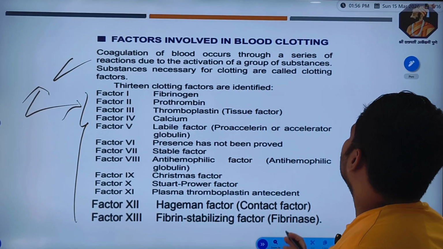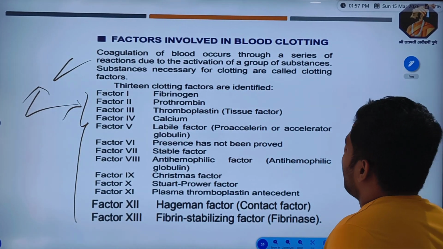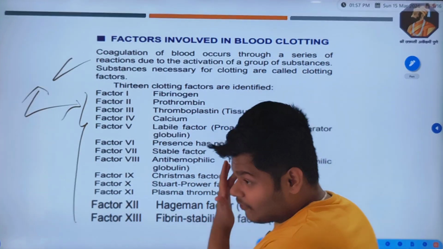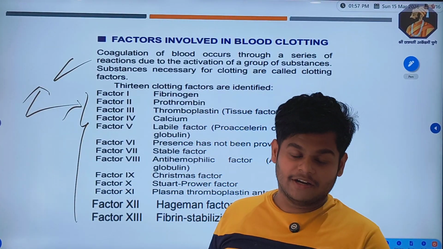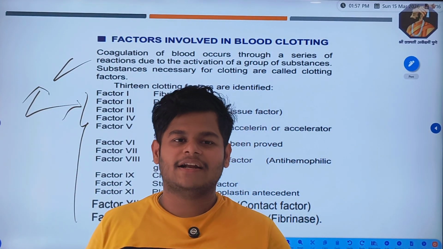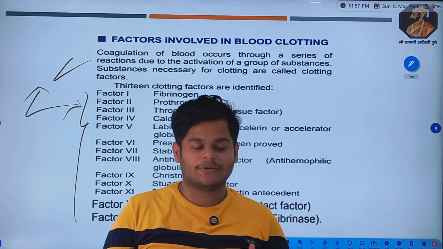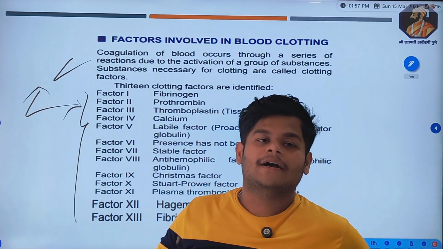So how to remember it? There are many tricks available on social media and on Google, so you can learn. Now I have made a trick in the Marathi language. It is very weird, but I have learned it like that. I am a creative person, so I like to make more and more mnemonics.